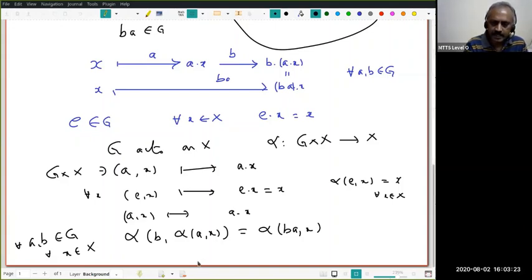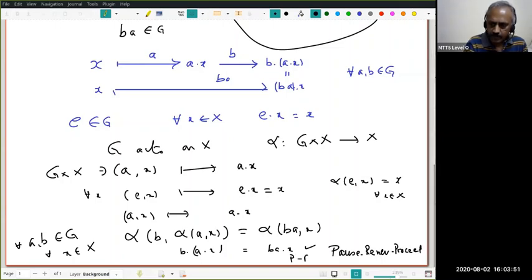You see that? What does this mean? Alpha A X is the same as A dot X, and alpha B acting on A dot X is B dot A dot X. You wanted to say it is the same as alpha BA X, which is BA acting on X. So we got it. So pause, review, and then proceed.